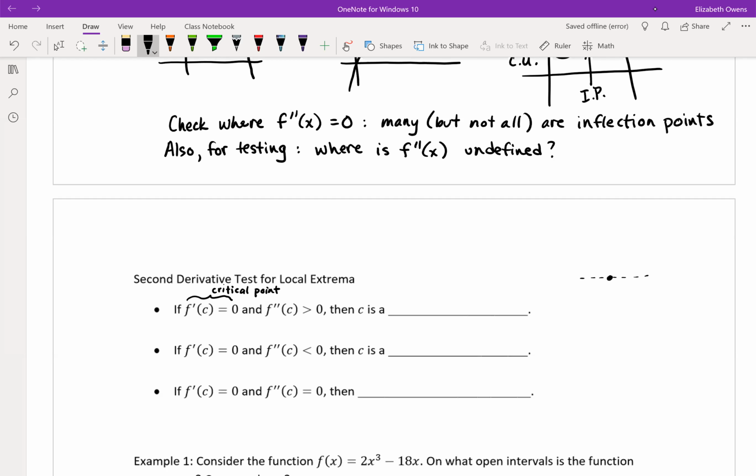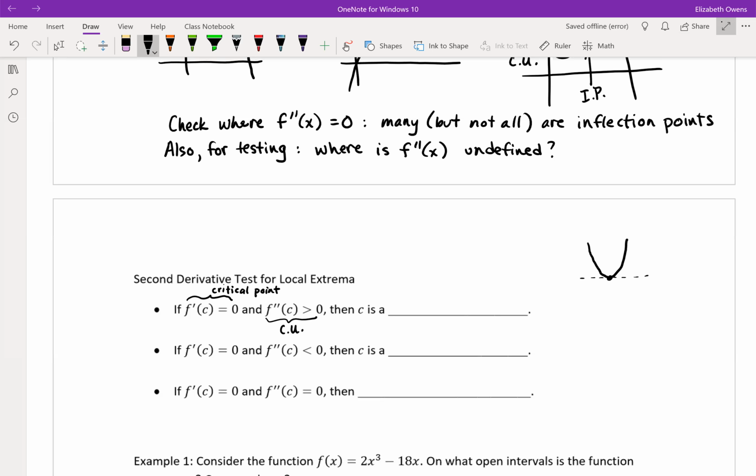And f double prime of c being greater than 0 is a positive second derivative. Positive second derivative leads us to a concave up type of shape for our function. So we have a horizontal tangent line and a concave up type of shape.